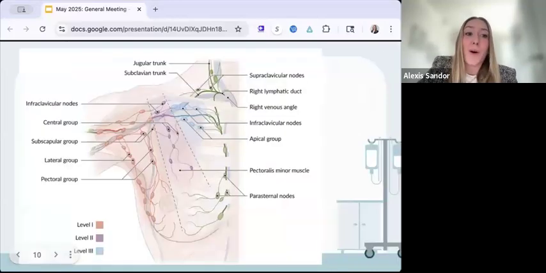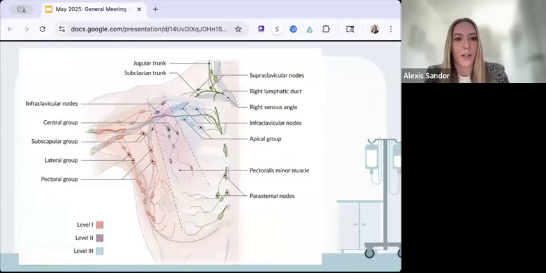All right. So I did just want to review the lymphatic drainage of the breast because it is very important, obviously, in breast oncology surgery. So there are three main groups. The axillary group is further divided into three levels. So level 1 is lateral to the lateral border of pectoralis minor. Level 2 is behind pectoralis minor. And then level 3 is medial to the medial border of pectoralis minor.